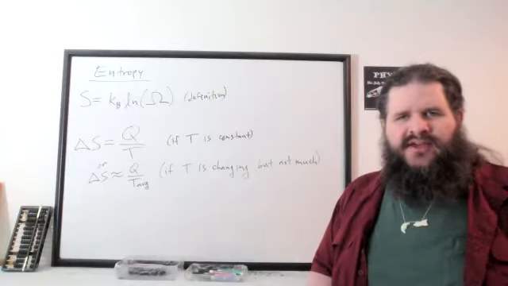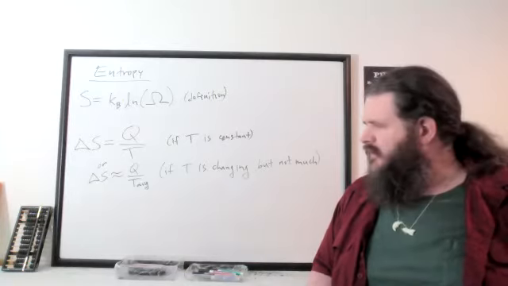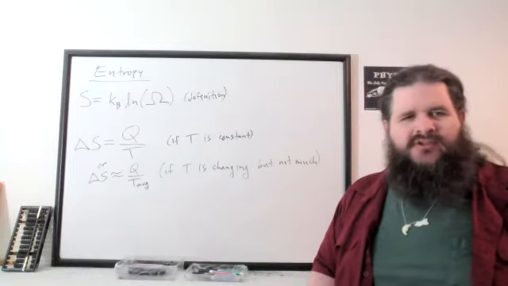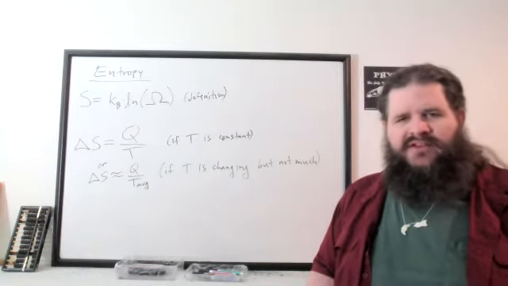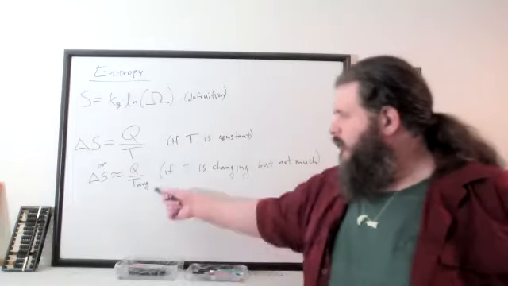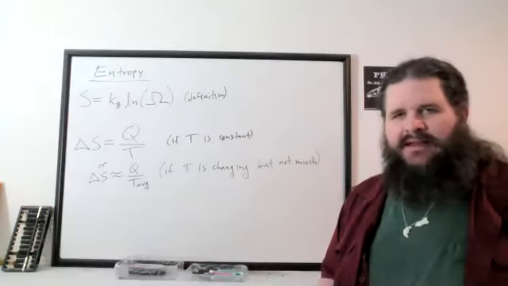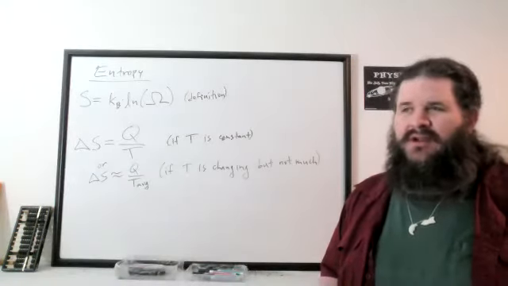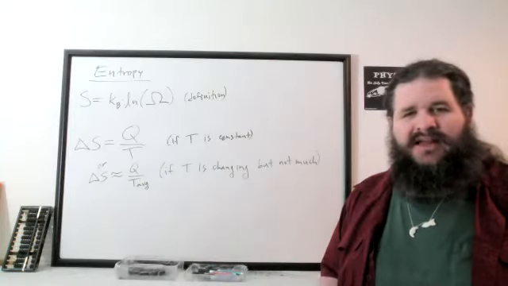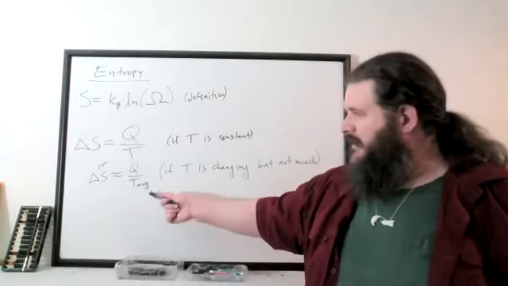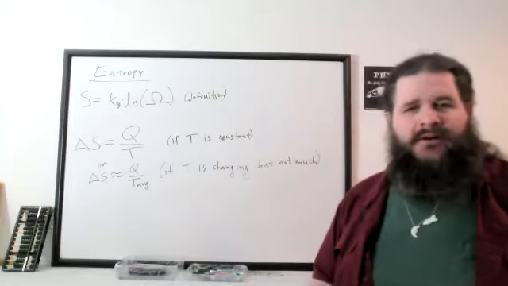In the situations I've had experience with, as long as you're only changing temperature by maybe 50 or 60 kelvins, this formula is going to be accurate to within like a 20th or a 100th of a joule per Kelvin. This is remarkably accurate unless you're doing very large changes in temperature.